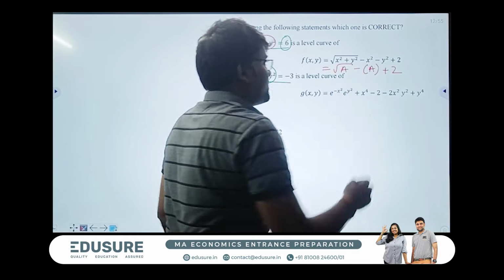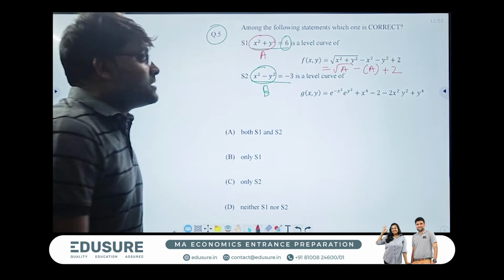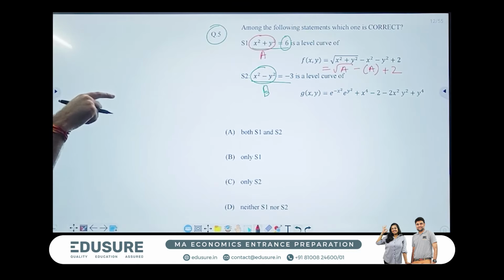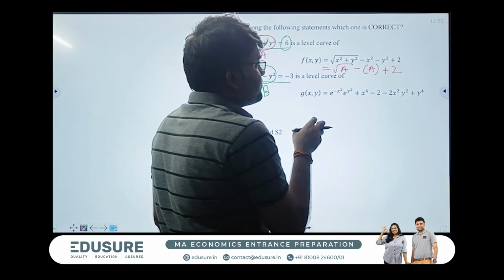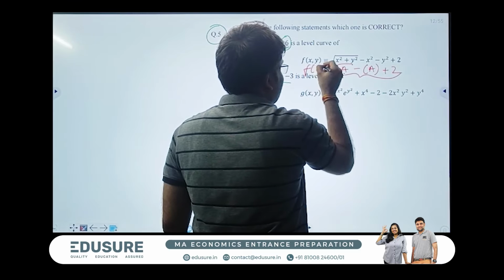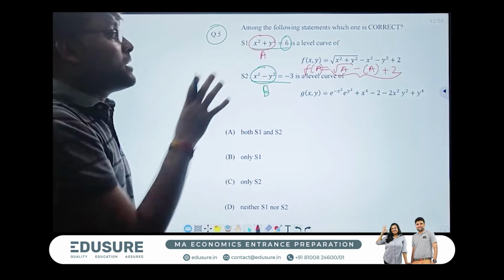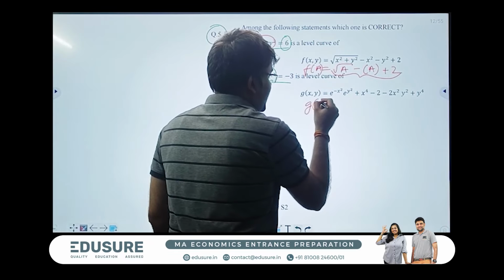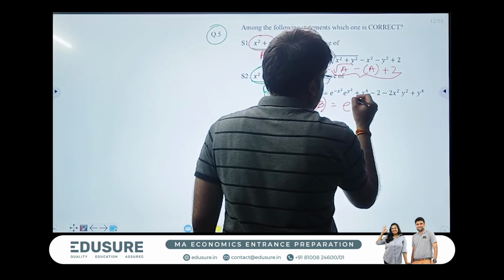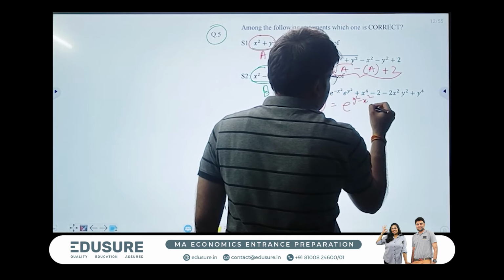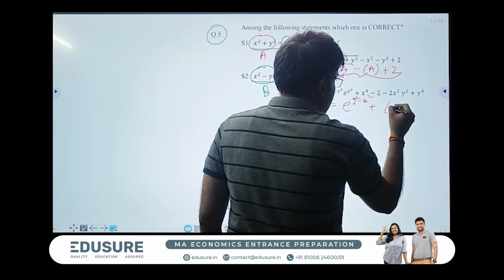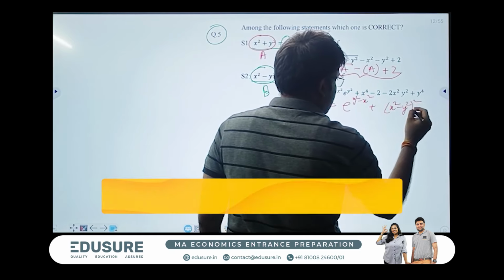So this entire expression can be taken in terms of A, and different values of A will give us different values of F. Okay, there is no other x or y component in F. So now this F becomes a function of A, and no x and no y is a part of it. Similarly, can G be made in terms of B? Let's see. E to the power y square minus x square plus x square minus y square whole square minus 2.